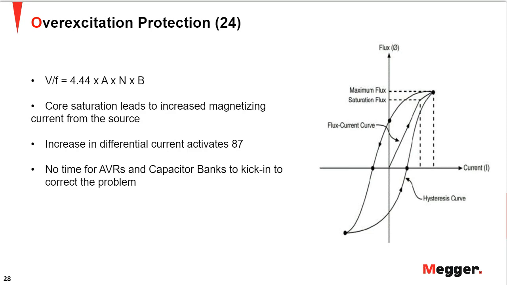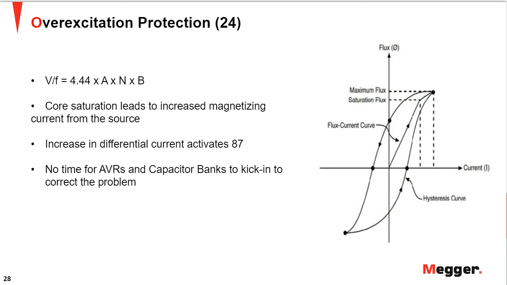So obviously we would see the 87 come into the picture, because we know that the differential relay is going to trip instantaneously. There is no time delay unless you program a time delay. Differential protection is usually instantaneous. So there is no time for even the capacitor banks or voltage regulators to kick in and help with bringing the voltage back to your normal condition. So how is that taken care of, right? We need to look into that.